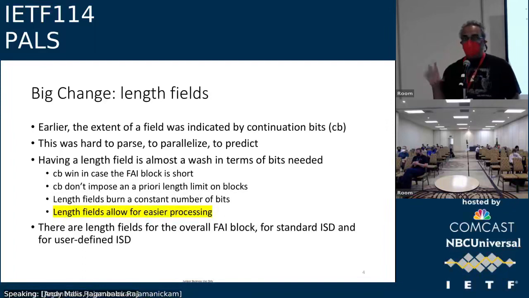So we moved everything to length fields. There's not a huge difference in terms of overall number of bits needed to encode all this, but the length fields allow for much easier processing. So that's one big change that we made. Next slide.